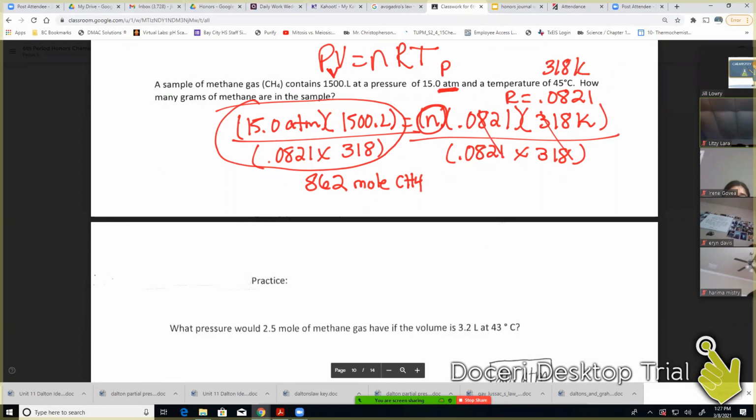Because we didn't want moles of methane, we actually wanted grams of methane, but that's easy to do with the molar mass. So I would find the molar mass of methane, which would be 1 carbon and 4 hydrogens, which comes out to 16.05 grams per 1 mole.